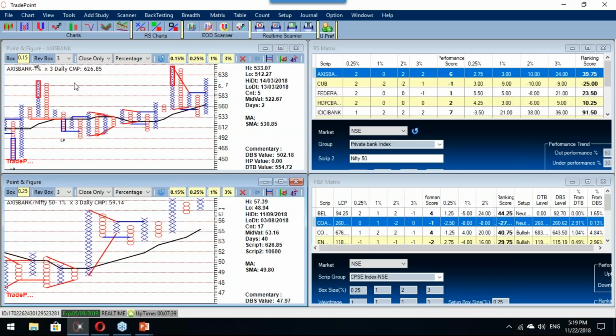See here, in the 1% box size, the score is going to be, what is the score? Plus 2, right? In the individual price chart in the 1% box size. But if you look at the ratio chart of Axis Bank versus Nifty 50, the score is going to be 0, right?